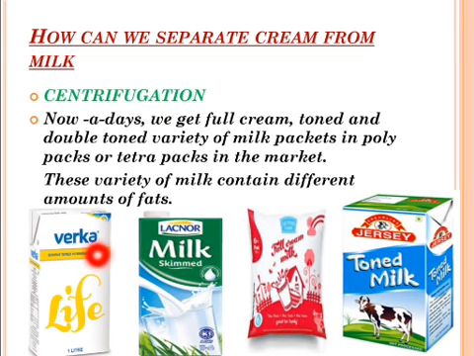So, how can we separate fats in the form of cream from milk? This cannot be separated by the simple filtration technique because these fat particles are so small that they can easily pass through the pores of ordinary filter paper, and we cannot separate them from milk by simple filtering.